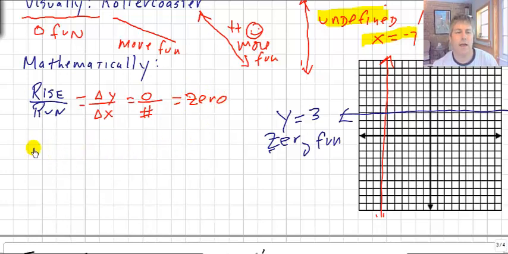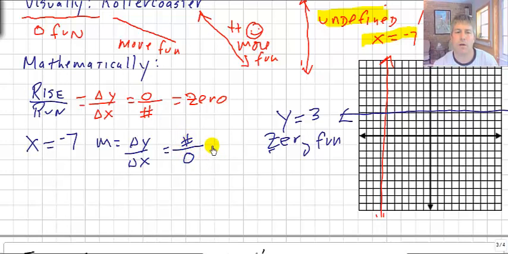Whereas if we have the equation x equals negative 7, to calculate slope, change in y over change in x, let's take a look at that. Change in x is always negative 7. Doesn't matter what y is, x is always negative 7, so our change in x is 0.